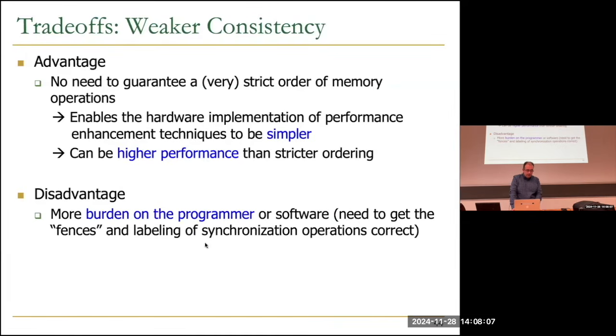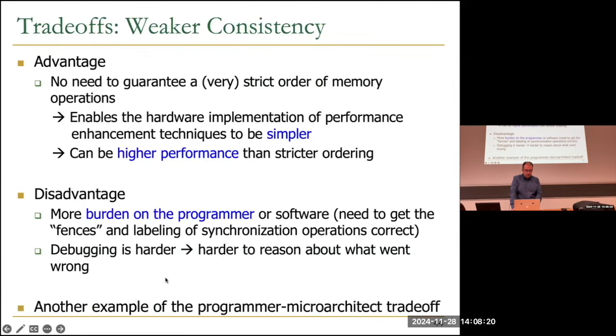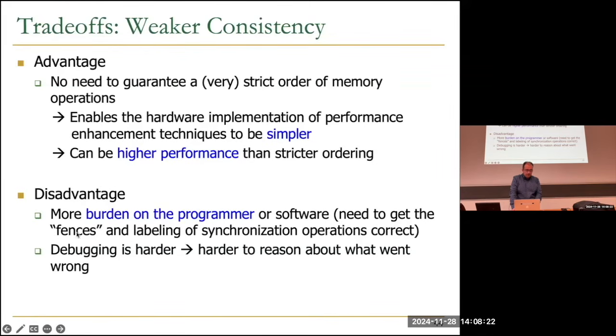But as a disadvantage, you have more burden on the programmer or software because you need to get the fences and labeling of synchronization operations correct. And debugging is also harder to reason about when something goes wrong.